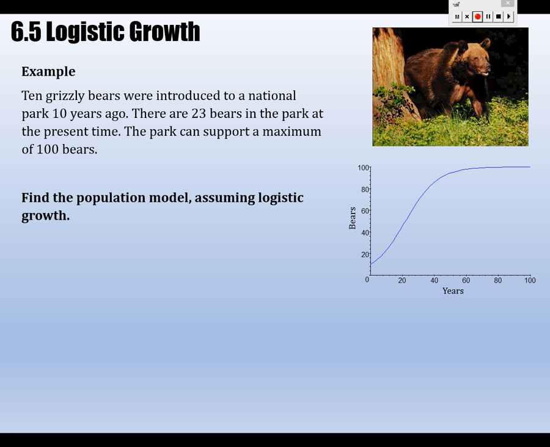All right, so let's work this through together a little bit. There are some grizzly bears. We've got a graph there to look at. Do I have all the information on there? P of 0 is 10.